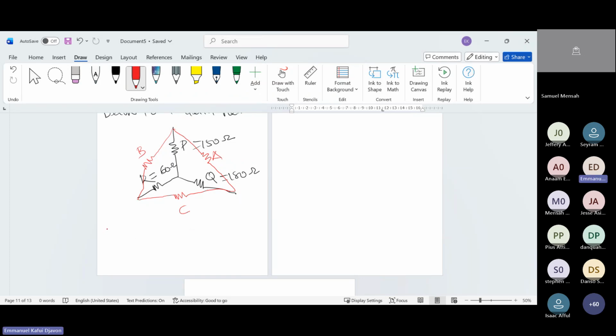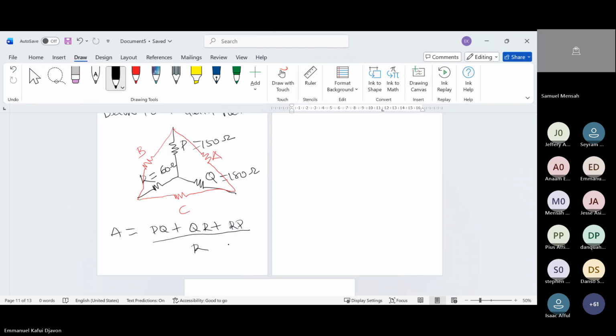Good. So if I need A, A is equal to PQ plus QR plus RP, all over R. Can you see?